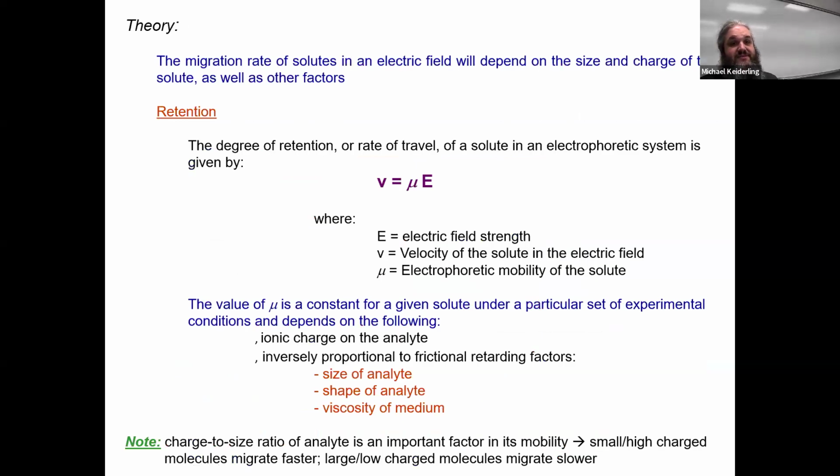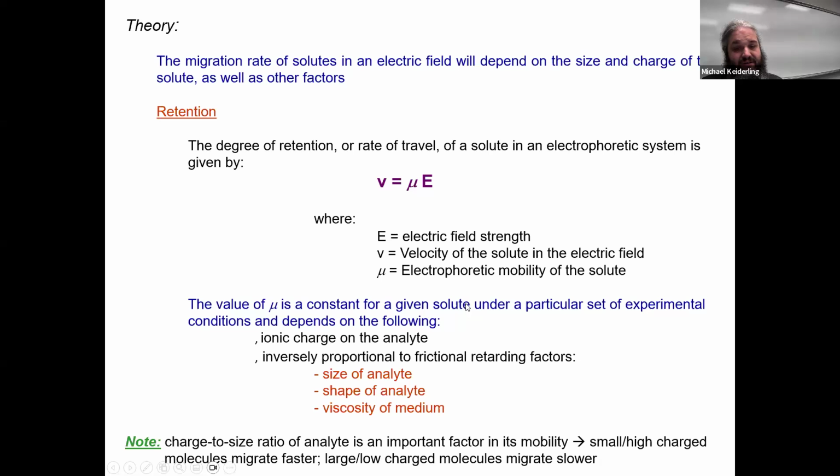The theory is that the migration rates of solutes in an electric field will depend on the size and charge of the solute, as well as some other factors. The rate of travel of a solute through an electrophoretic system is given by mu times the electric field strength, where mu is the electrophoretic mobility of the solute.